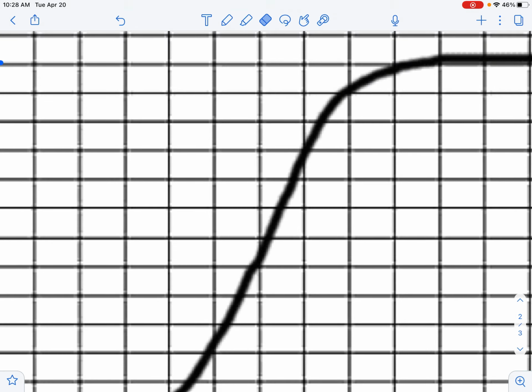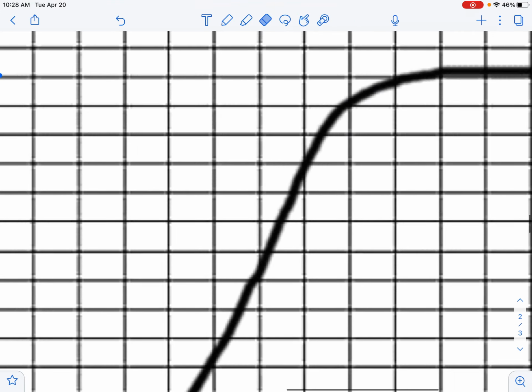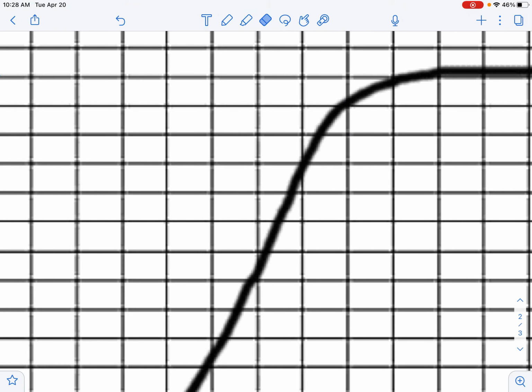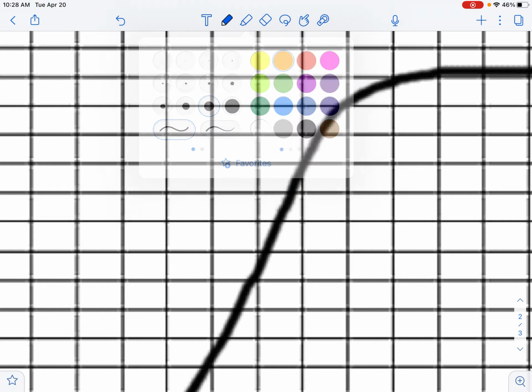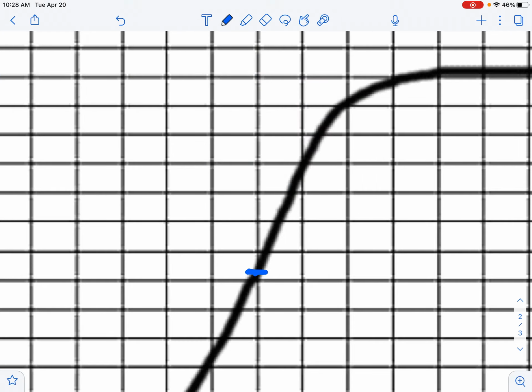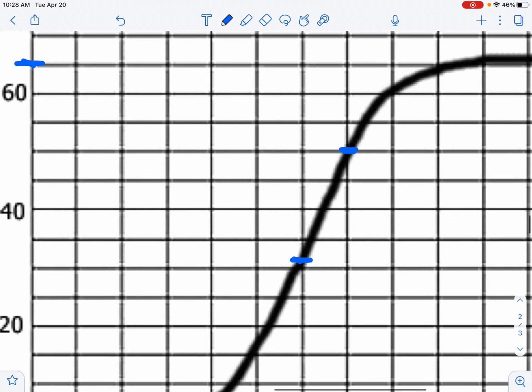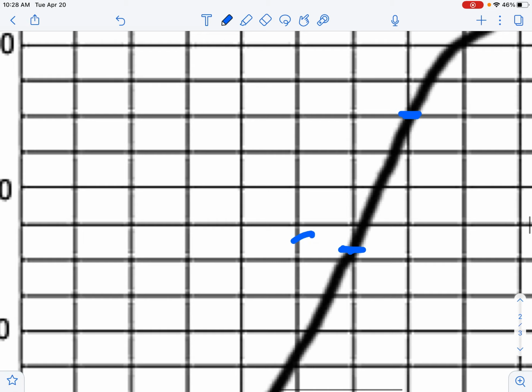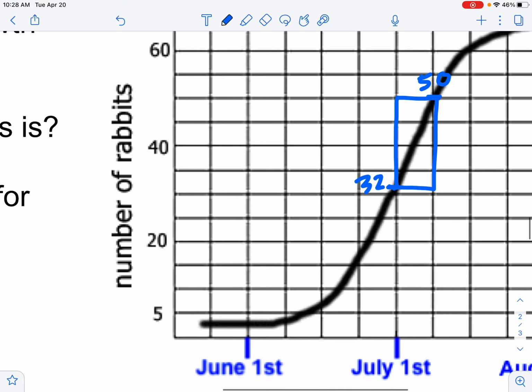And let me just look at the first week of July, from here to here. It looks like we went from about 32 to about 50. If I just look at that part of the graph, 32 to 50.